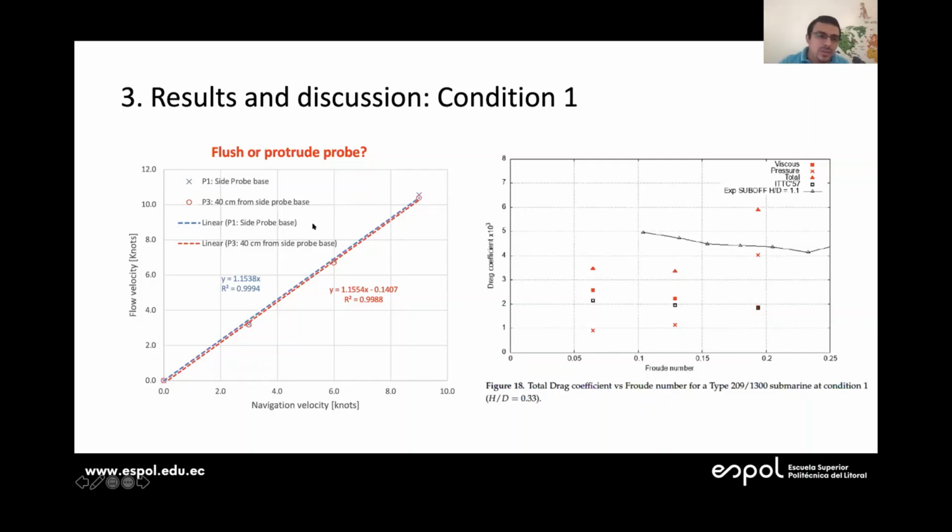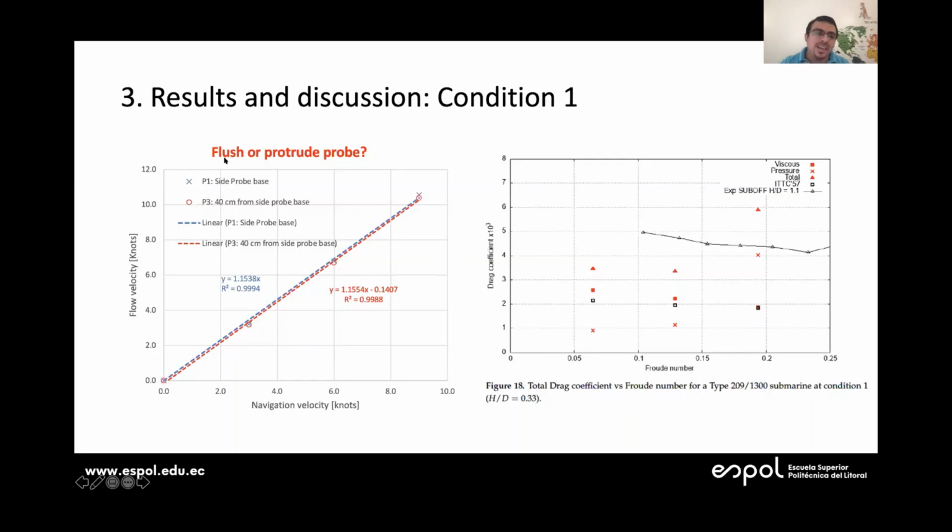We tried to assess if there is a difference between two different kinds of probe. The one that I showed you at the beginning is the protruding probe, almost 50 centimeters long, but the ship owner was considering changing it for a flush probe.